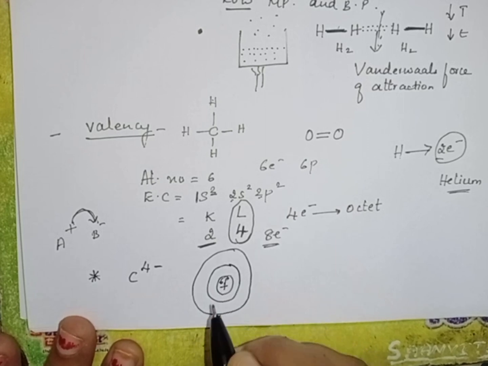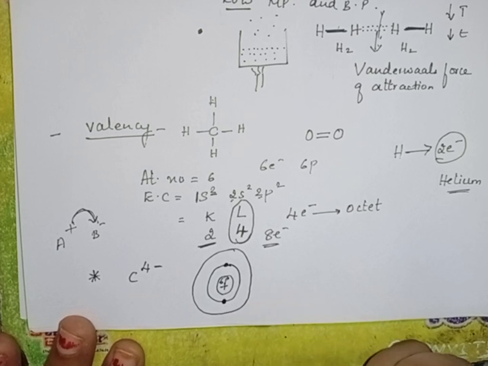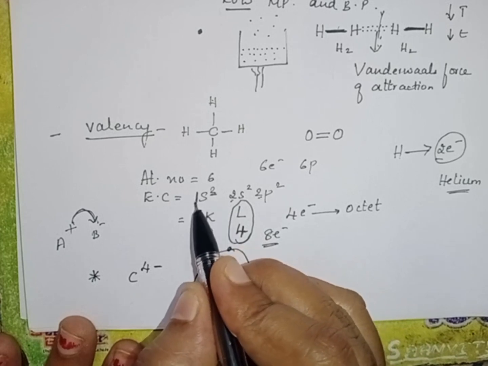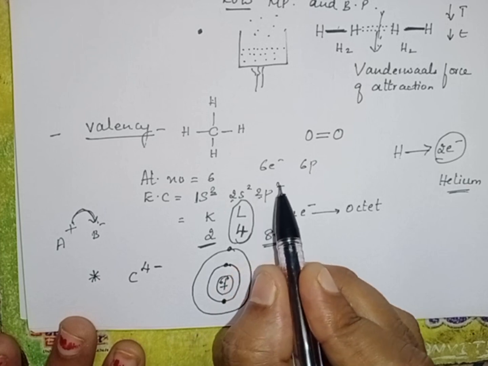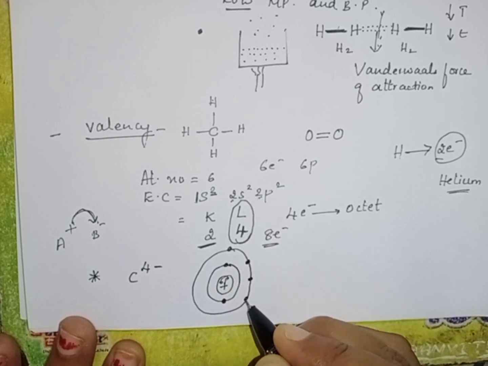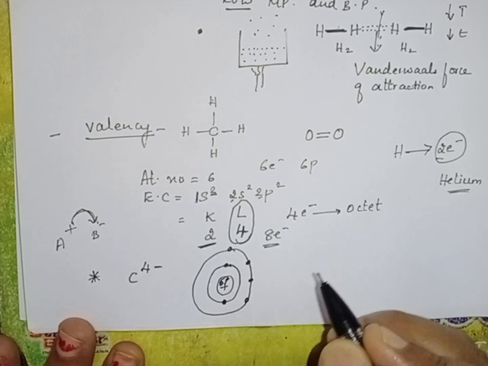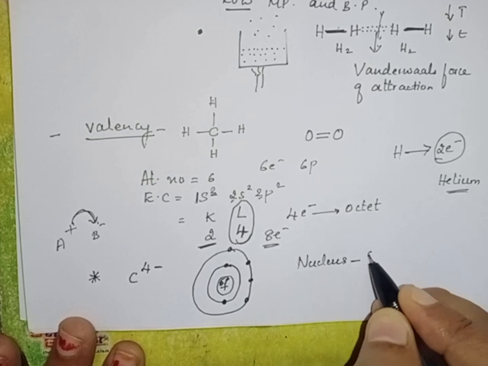In the first shell, there are 2 electrons. In the second shell, there are 4 electrons. 2 plus 2, 4 electrons. Total 6 electrons. But in the nucleus, there are only 6 protons.